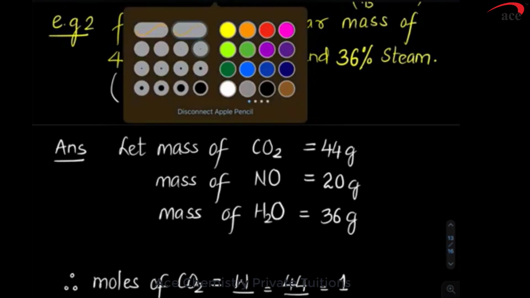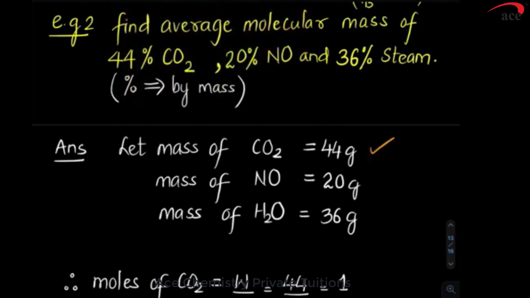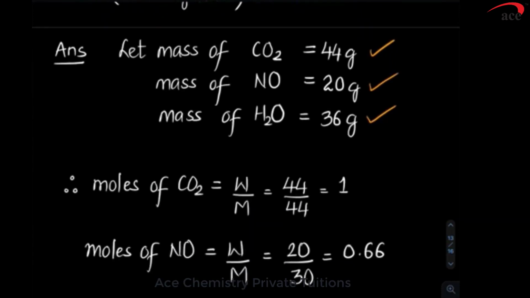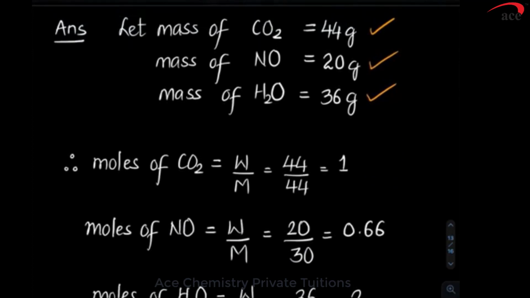So if it is by mass, let the mass of carbon dioxide be 44, let the mass of NO be 20, let the mass of water be 36. If you check, the total mass of all components should be 100.